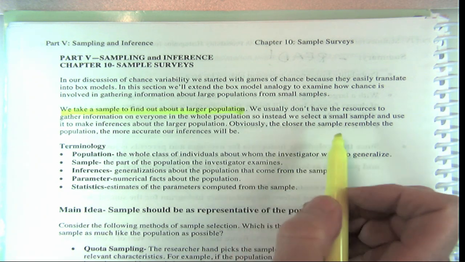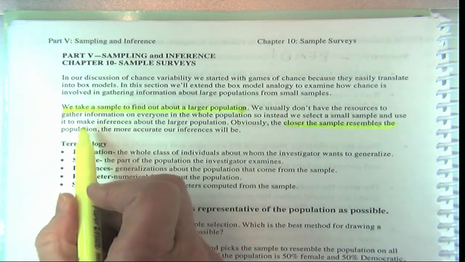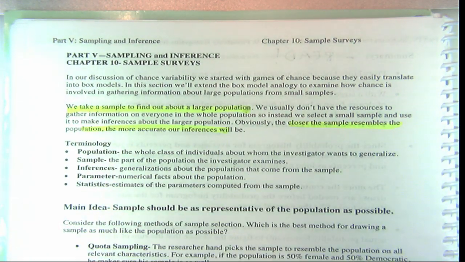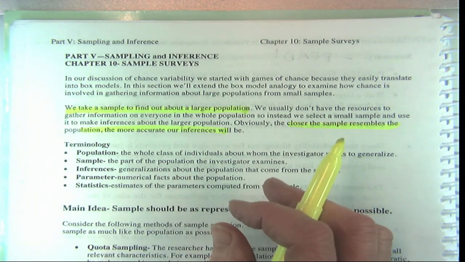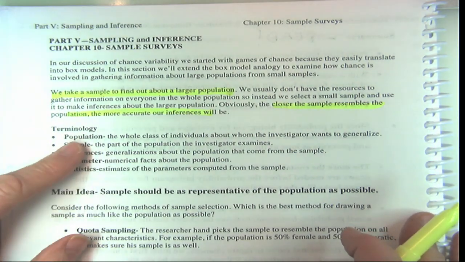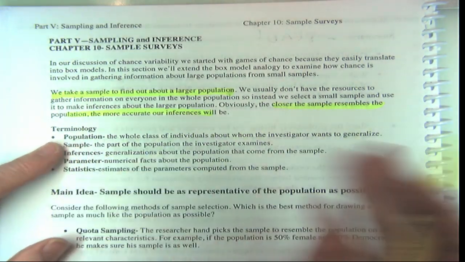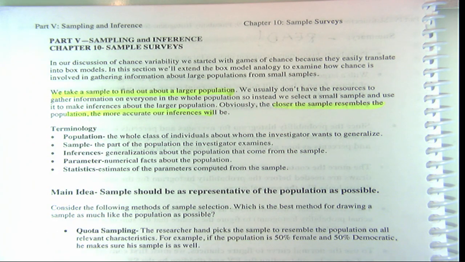And so obviously, the closer this sample resembles the population, the better our inferences about the population parameters will be. Remember this terminology: in our examples, the population was the box. It's what we're taking samples from.